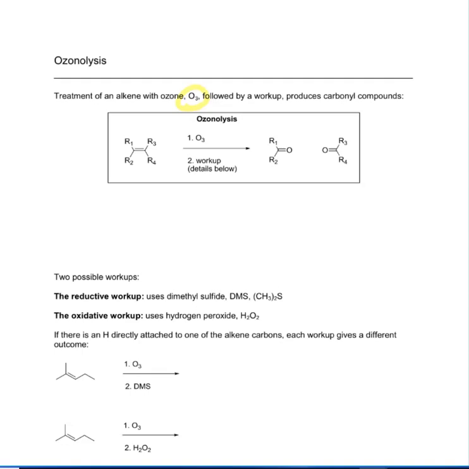So first of all, let's start out with the premise that ozonolysis converts an alkene into carbonyl compounds. The types of carbonyls that you can make using this method are the following.